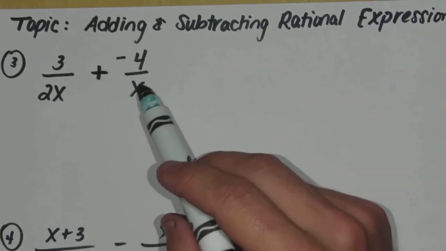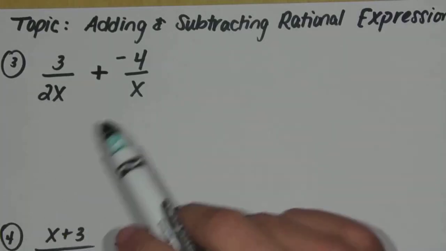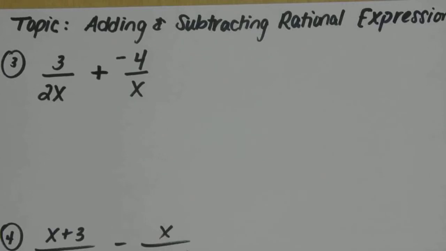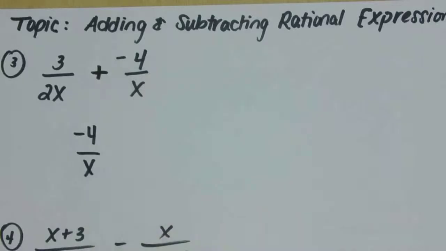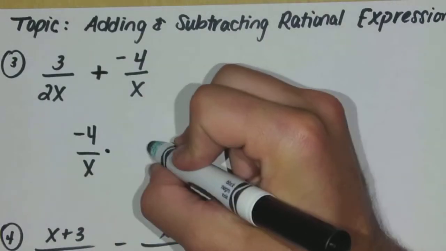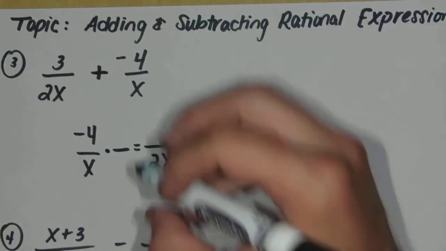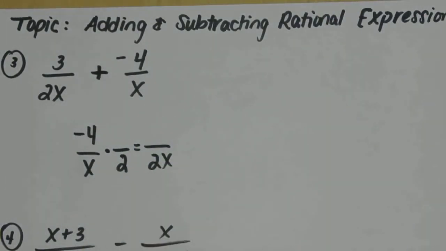I've got a negative number, and subtracting and adding a negative are the same thing anyway. But when I multiply this x to get a common denominator of 2x, I'll have to keep in mind this is a negative 4, no longer a positive 4. So again, I need to turn that x into a 2x, so I'm going to multiply by 2. x times 2 is 2x.